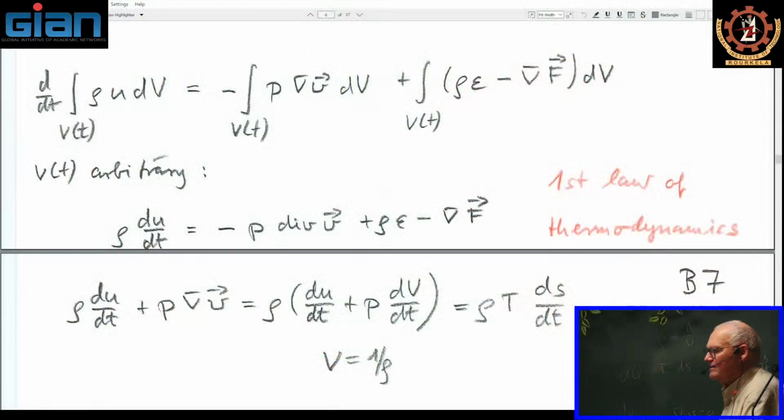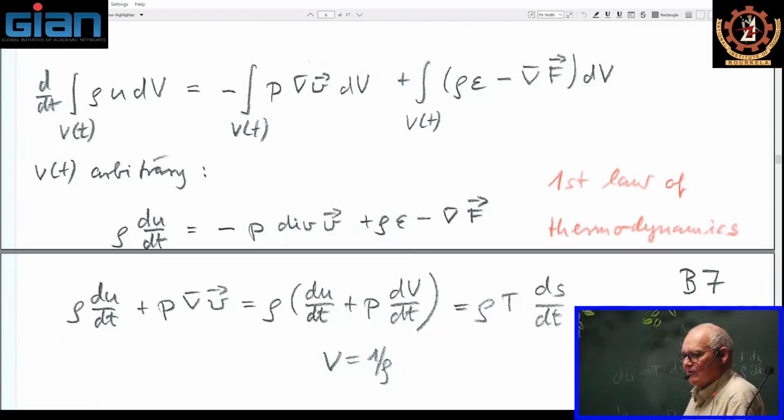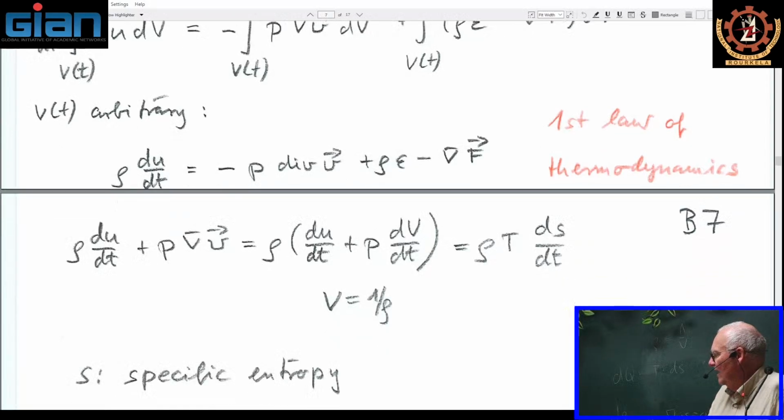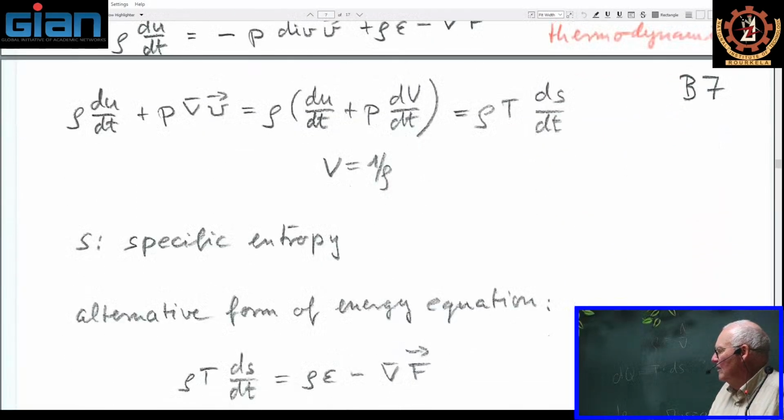now relying on some further thermodynamic variables. So we replace the left-hand side by rho times T ds by dt, where s is denoting the specific entropy.